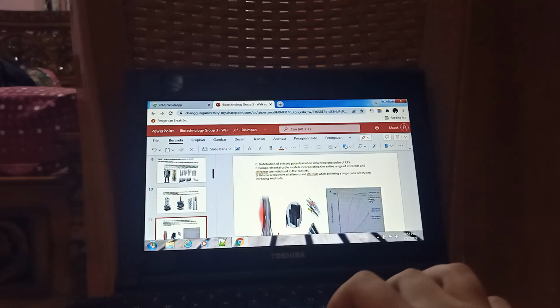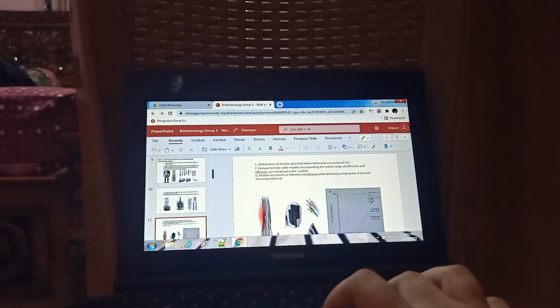Based on the graph, you can see which is A alpha and which is A beta.